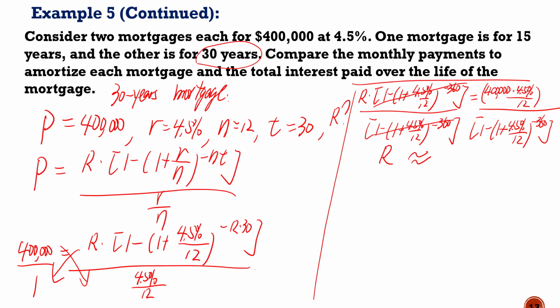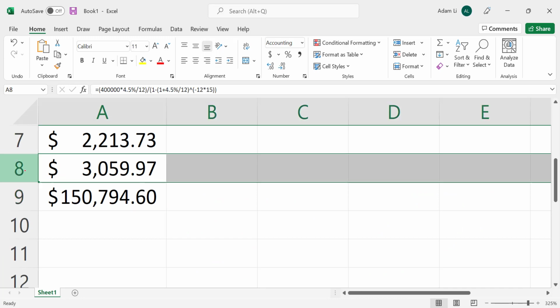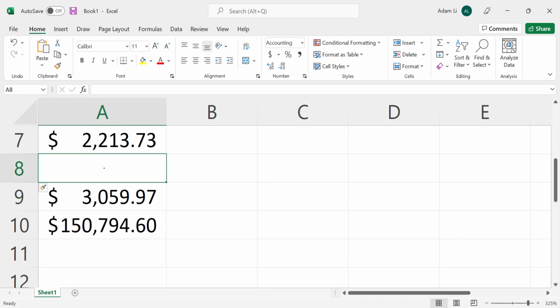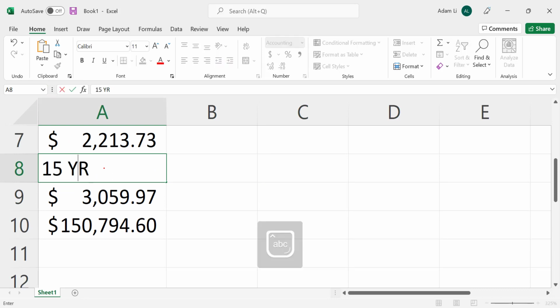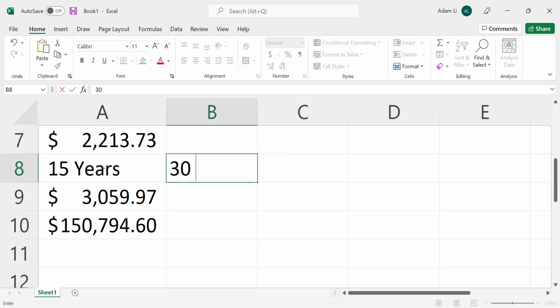So one more time we put it into the cell. This one is 15 years, and 30 years, we can put it side by side.